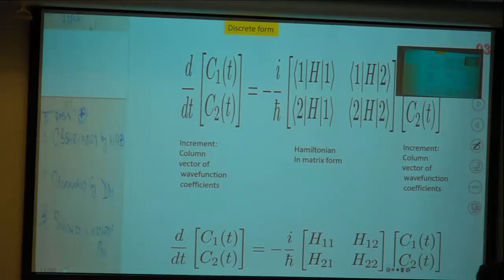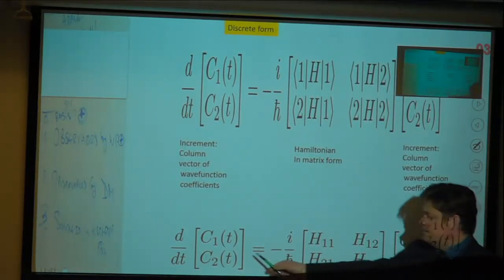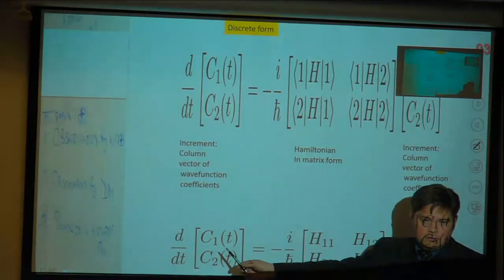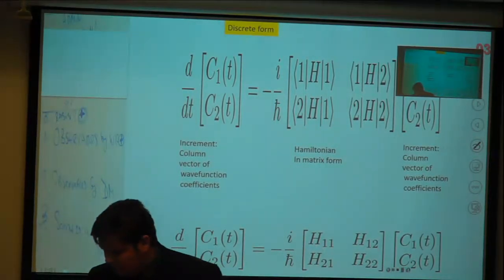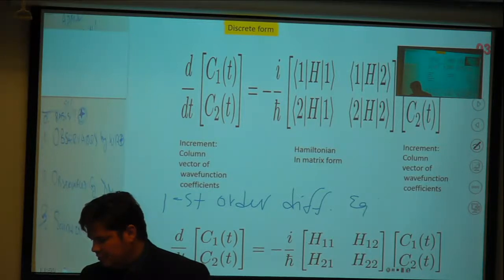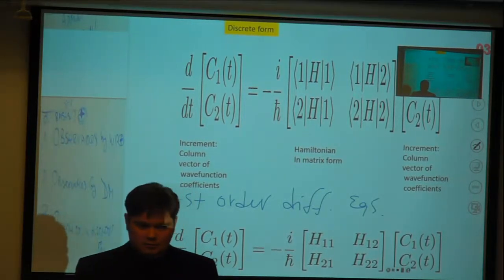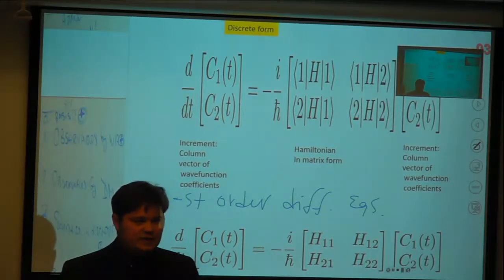And solving the time-dependent Schrödinger equation is equivalent to solving a set of first-order differential equations. Make sense?